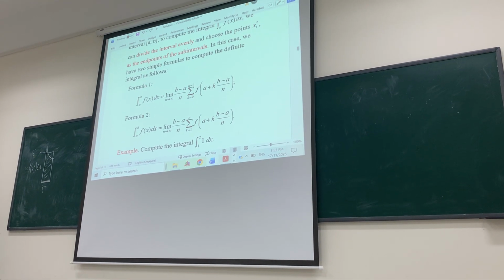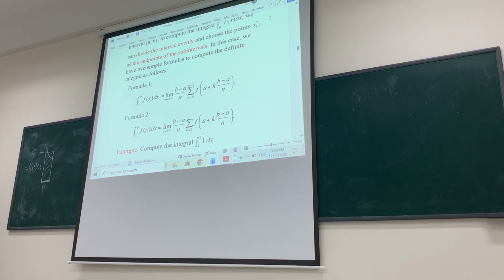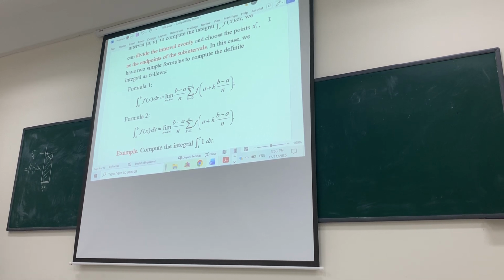Now, example: compute the integral from 1 to 2 of 1 dx. How to compute it?